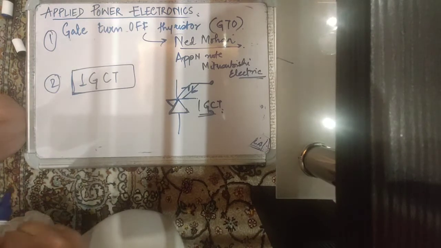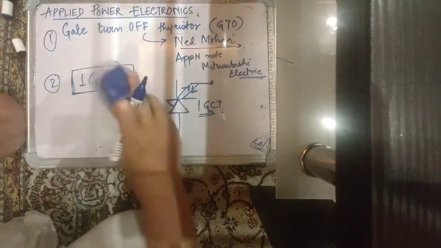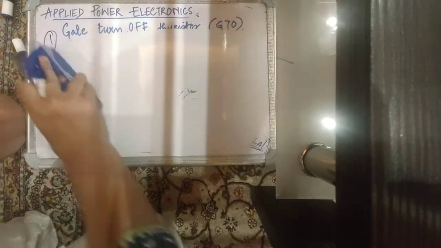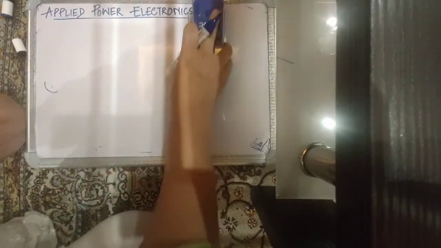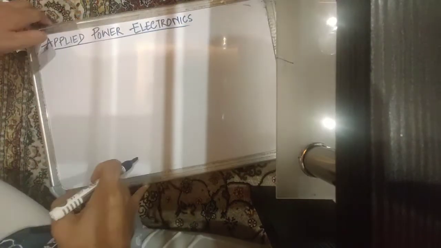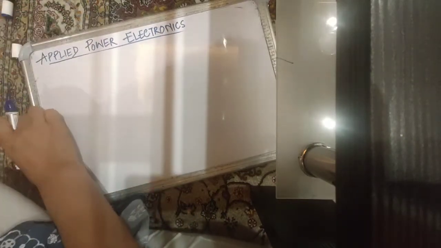Now we'll end this lecture by a brief discussion on wide bandgap power devices, which is the future of power electronics. So a brief introduction to silicon carbide and gallium nitride HEMTs, high electron mobility transistors.